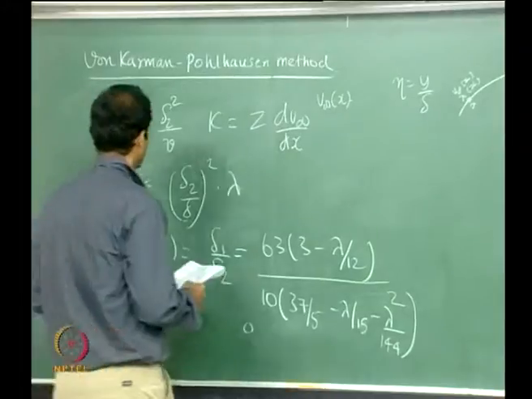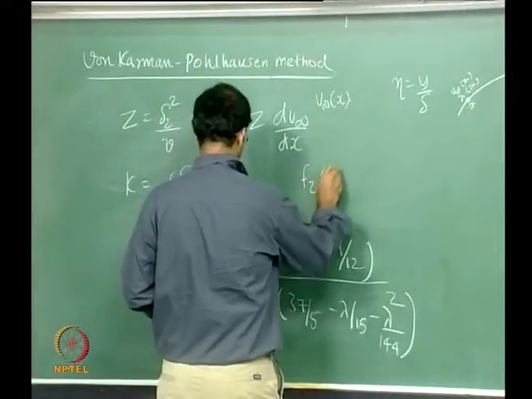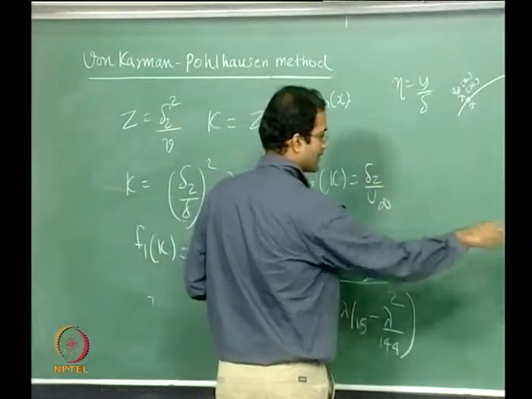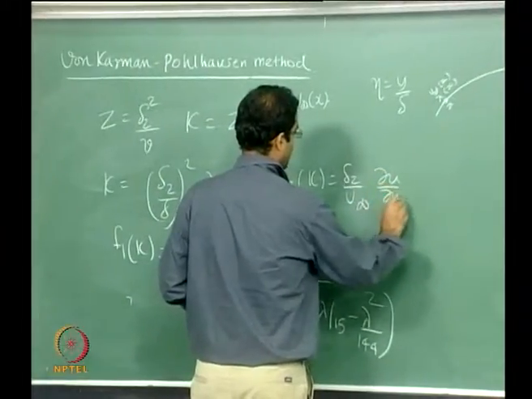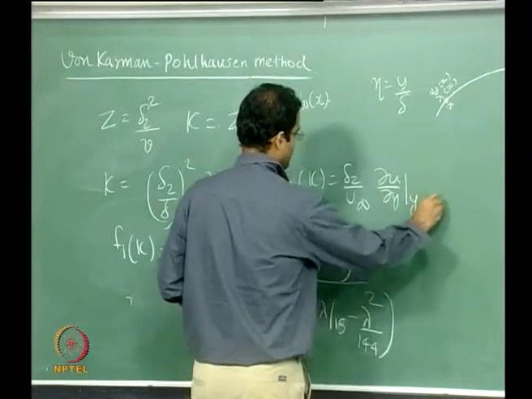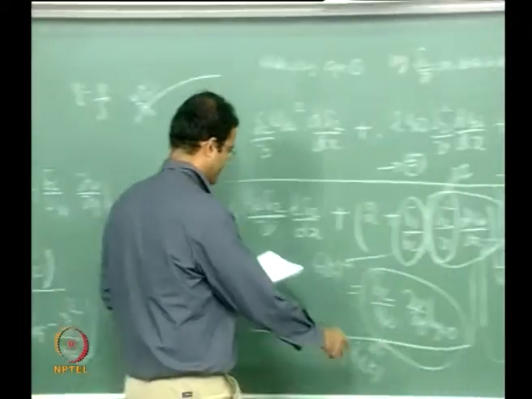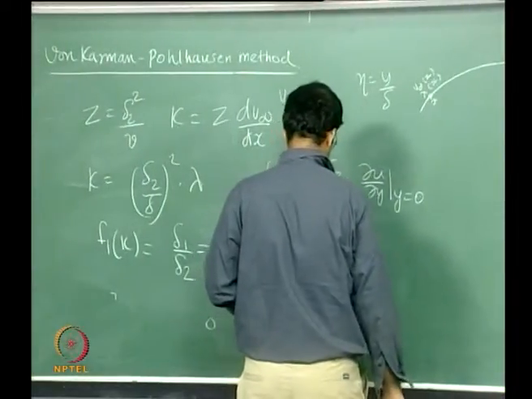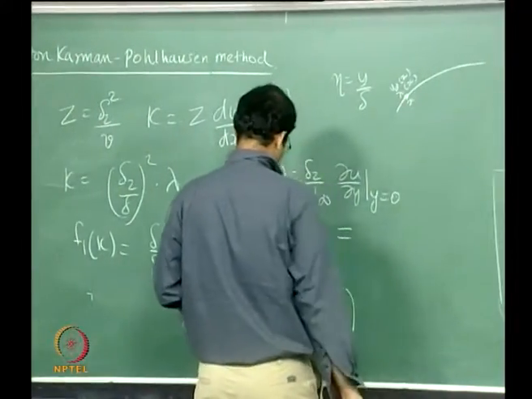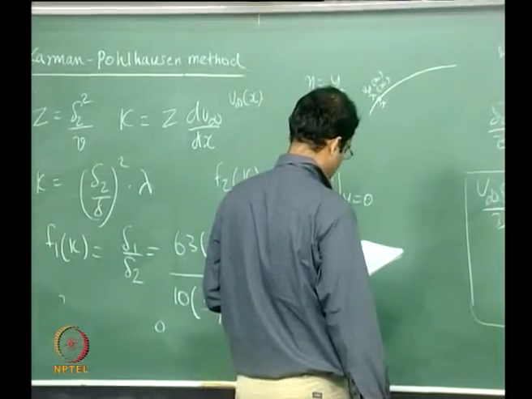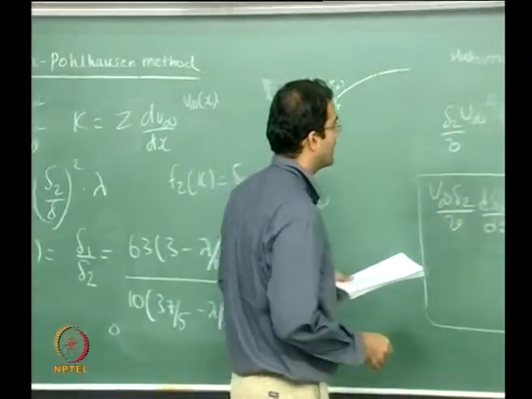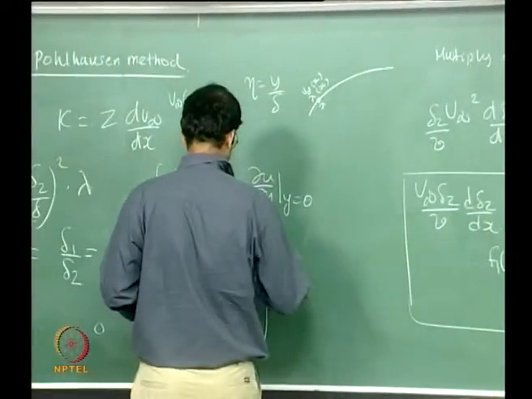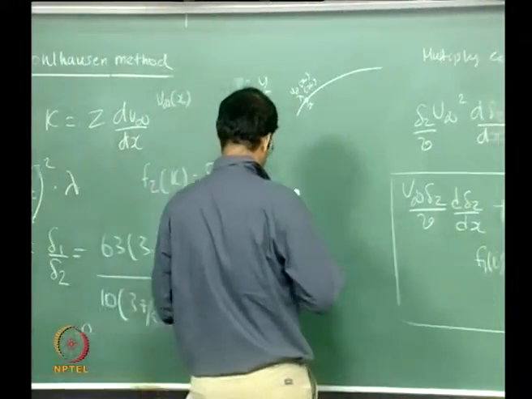Okay, and now my f2 of k is nothing but delta 2 by u infinity into du by dy at y equal to 0. This is my RHS term. So even this can be written. So du by dy at y equal to 0 we have already determined, that was coming out as 2 plus lambda by 6 if you remember.